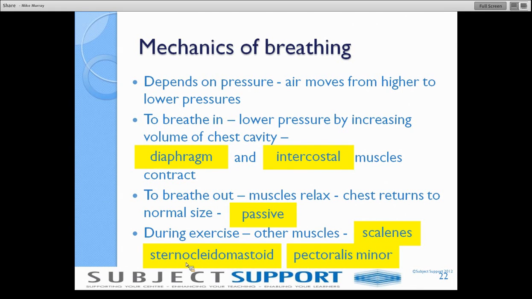All those are correct, and probably during the exam that would be maybe an extra 1 or 2 marks for naming 1 or 2 of those. I think I'd probably want my students to be able to name 2 of those extra muscles involved. So the mechanics of breathing is all about volumes and pressure by muscle contractions.